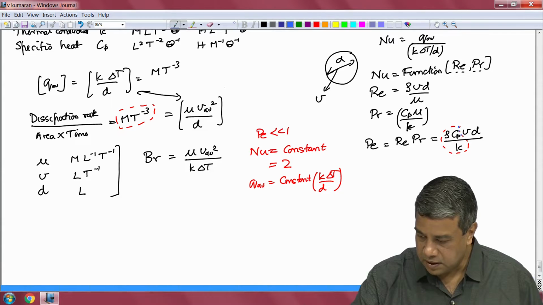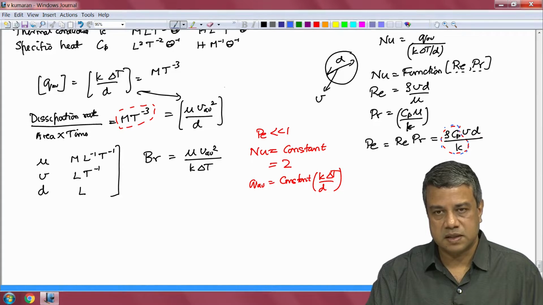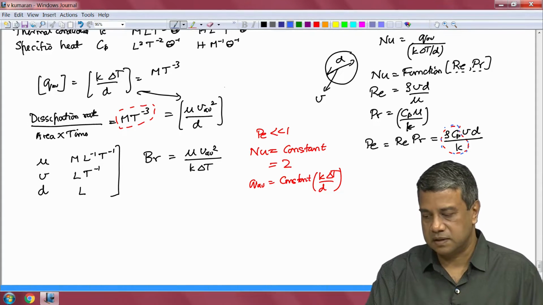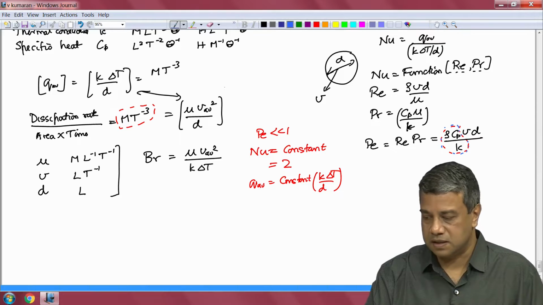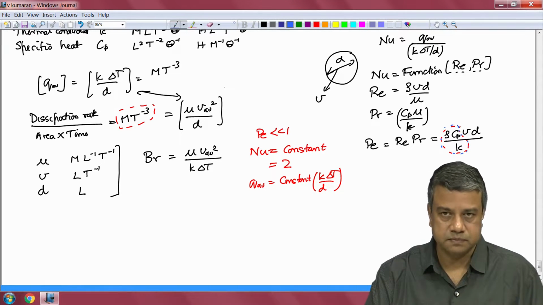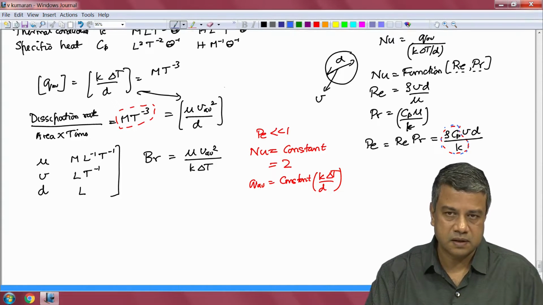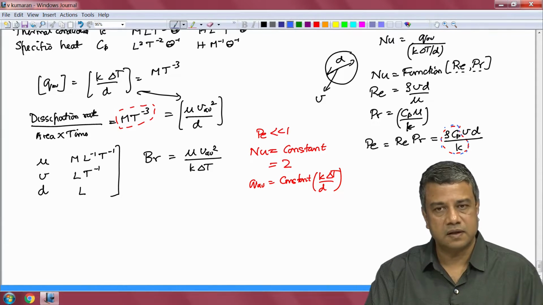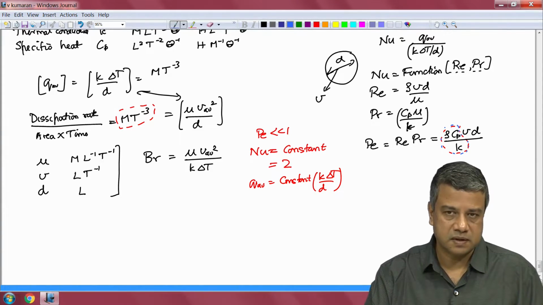And just from dimensional analysis, this has to have dimensions of length square per time, the same dimensions as the mass diffusion coefficient. And therefore, we interpreted this as the ratio of convection and thermal diffusion. And we said that when this number is small, the fluid flow does not have any effect on the heat transfer rate, and therefore, the Nusselt number has to be a constant.